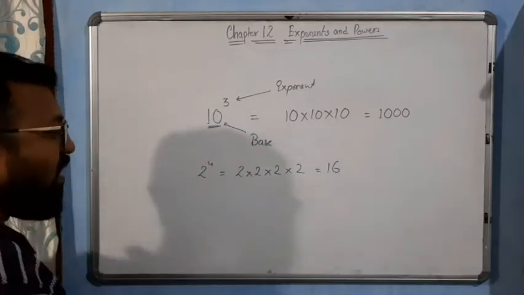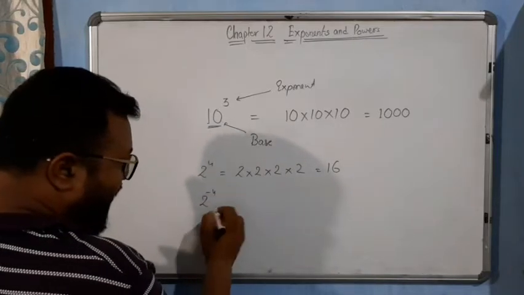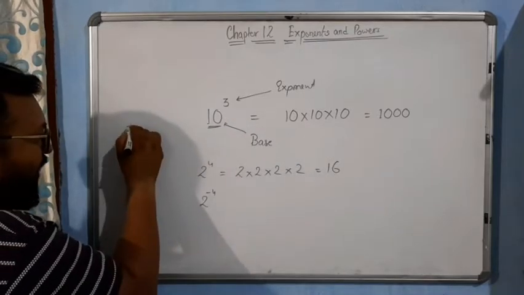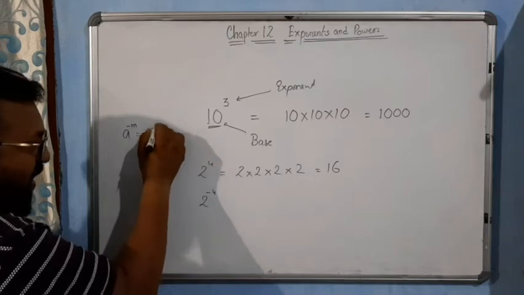Now suppose I talk about 2 to the power minus 4, then what will you write? We have one law in exponents: if a to the power minus m is written, it is expressed as 1 by a to the power m. So 2 to the minus 4 means 1 by 2 to the power 4, which is 1 by 2 into 2 into 2 into 2, equal to 1 by 16. So whenever you get a negative exponent, it will come as 1 by like this, where a is any non-zero integer. a to the power minus m is equal to 1 by a to the power m.